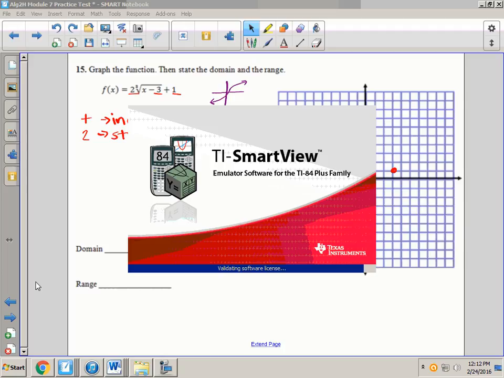And once you have it opened, you're going to go to the y equals button to enter in your function.